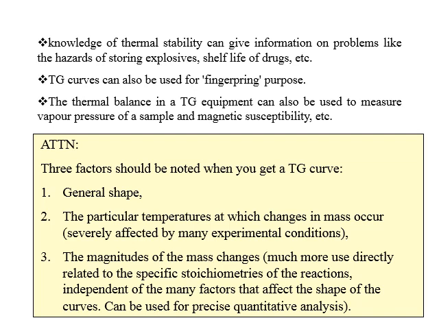This can be severely affected by many experimental conditions, especially the ramp rate when you're actually heating your sample, and obviously the gas, the atmosphere in the TGA. And then you also want to note the magnitudes of mass changes, because these magnitudes can actually be directly related to the specific stoichiometry of reactions, and you should be able to actually calculate the quantities based on these reactions.